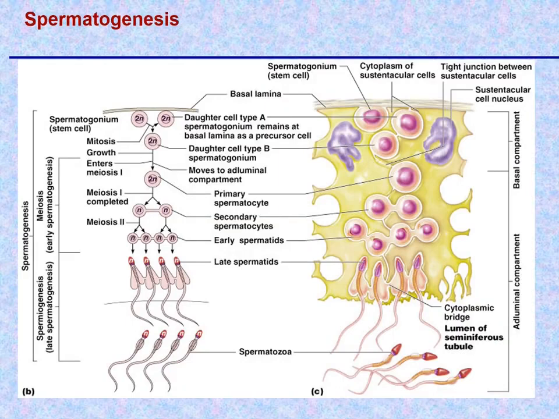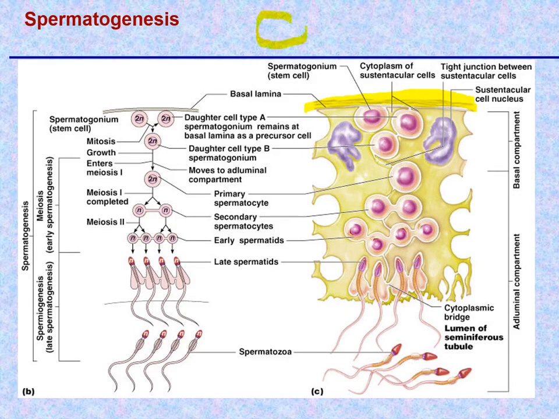This diagram shows the process, and it shows it in two ways. One is at the individual cell level on the left-hand side, with emphasis on the chromosome count, whether it's diploid, 2N, or haploid, single N. And on the right-hand side, anatomically, going from the outer edge of the seminiferous tubule, is a cross-section through the seminiferous tubule.